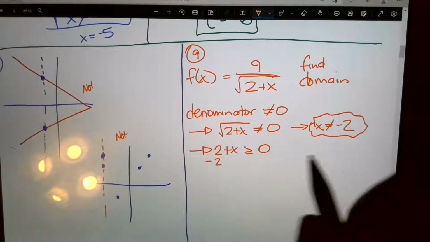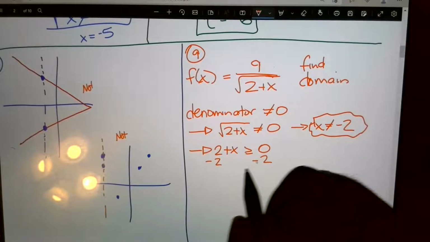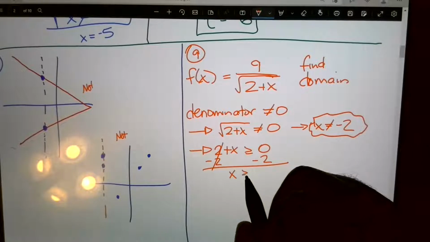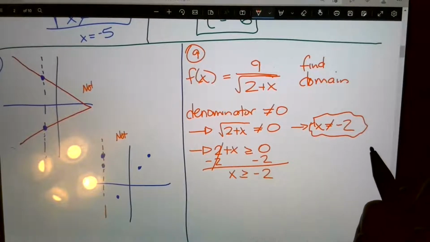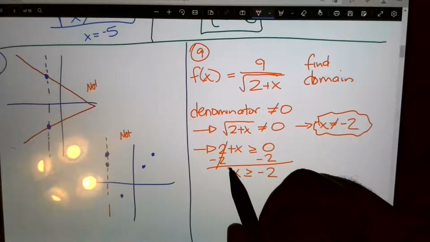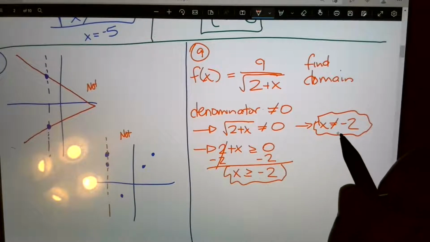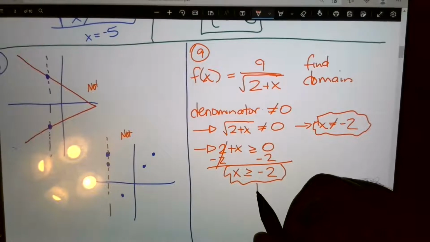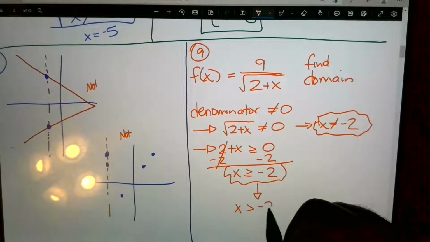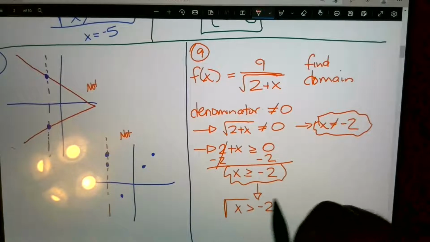So if we subtract 2 from both sides, again, we end up with x is greater than or equal to negative 2. Okay, we'll cloud around this guy too. But it can't equal negative 2, so that means that my domain is x is greater than negative 2. And that is my answer.